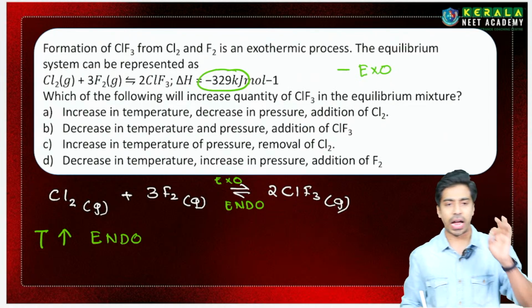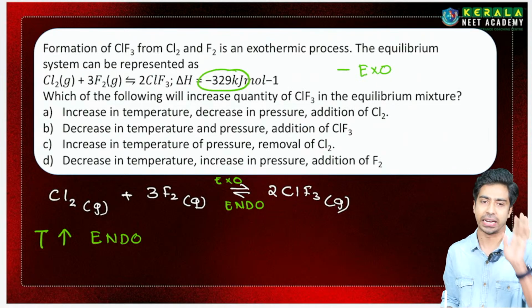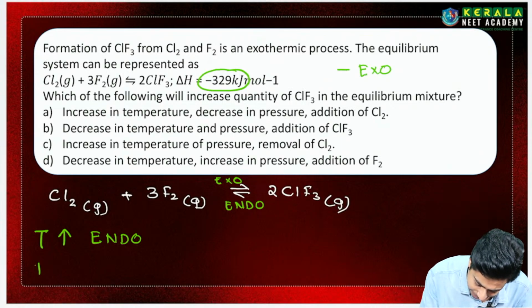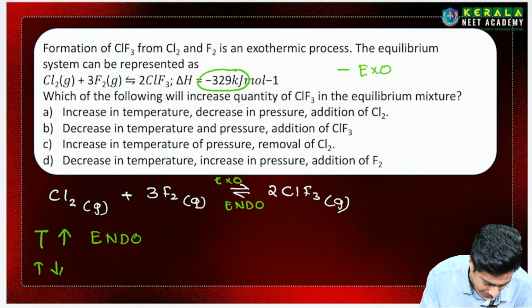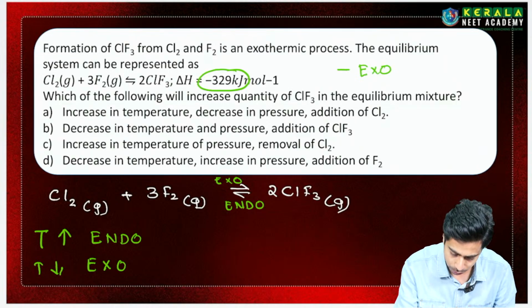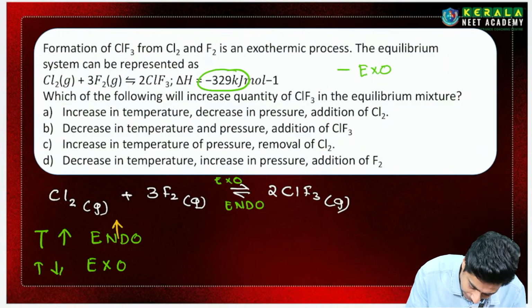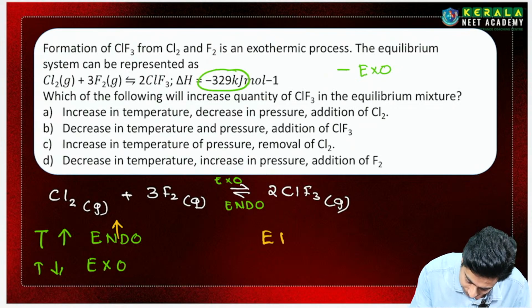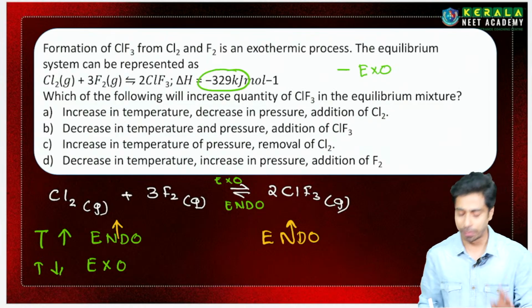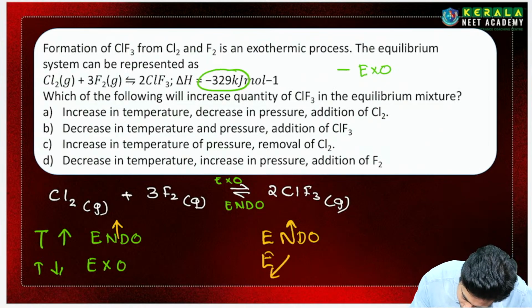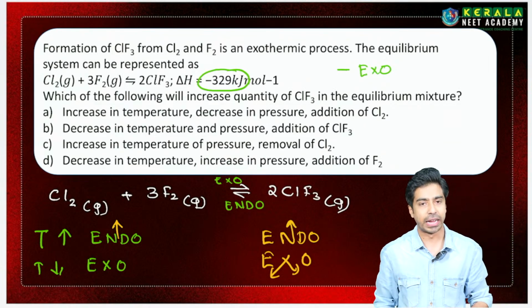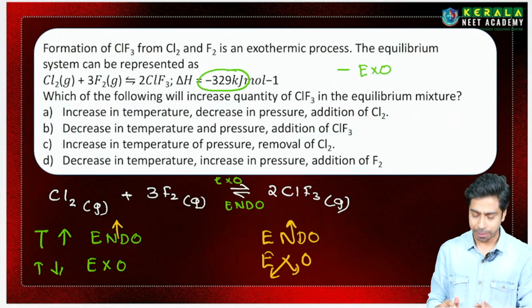Whatever be the reaction, high temperature favors the endothermic direction. Here the endothermic direction is backward. If temperature is decreased, it goes in the exothermic direction. So remember it like this: high temperature favors endothermic, and low temperature favors exothermic.